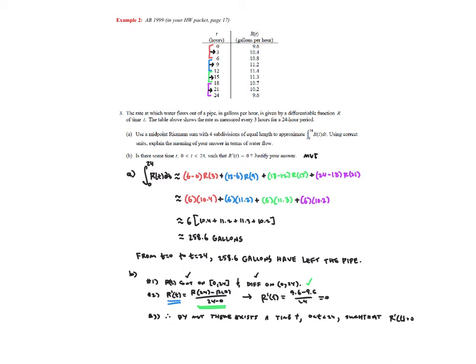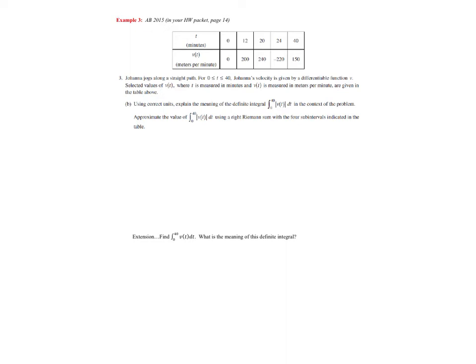Anytime I see, is there a time on this interval, and then I see r prime, if I'm given the information for r of t, that means mean value theorem every time. Okay, all right, let's move on to another example. Okay, 2015, this is on page 14 of your homework packet.